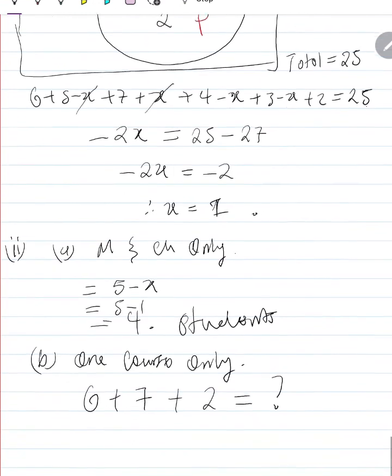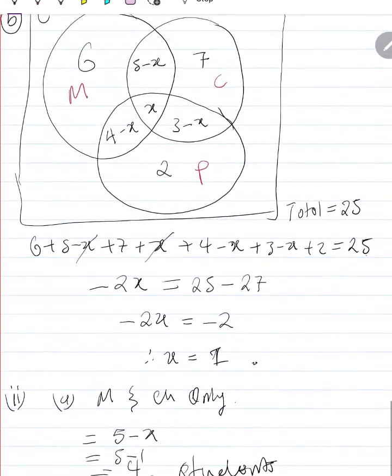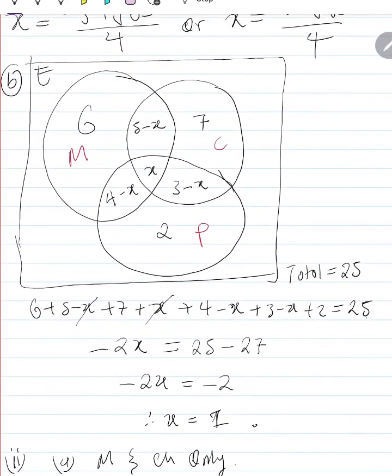Okay, then C, it says chemistry and physics but not mathematics. So this is mathematics, right? So I will just circle it. So this is mathematics.